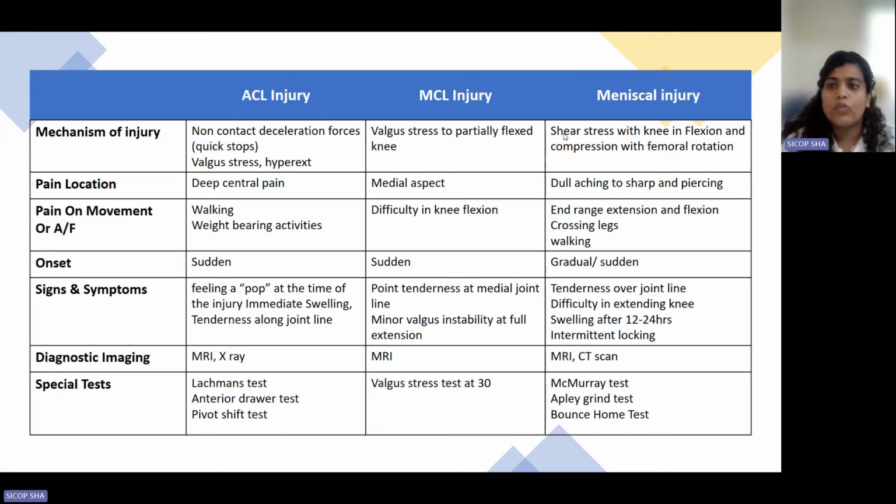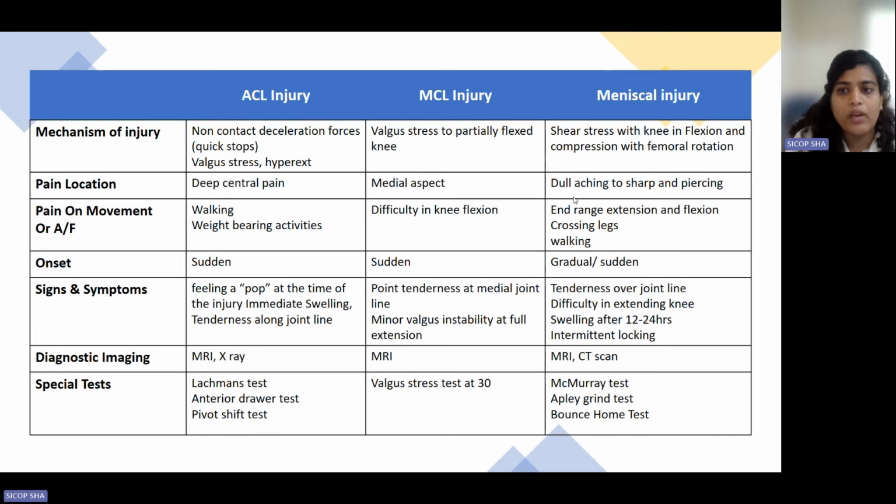When we talk about meniscal injury, there are two types of stress that can be identified from the mechanism of injury: shear stress with knee flexion and compression with femoral rotation.